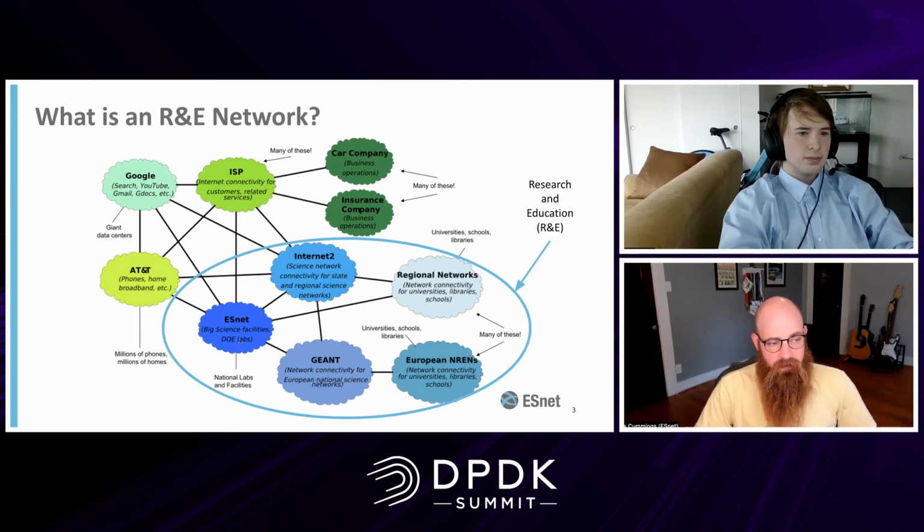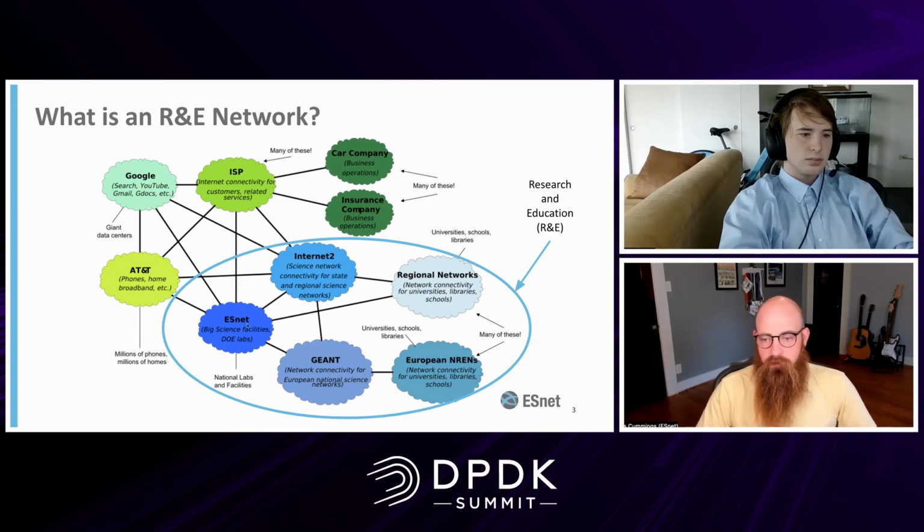There's some like ESnet, which connects the DOE big science facilities, Internet 2, which provides in the US science network connectivity for state networks, regional science networks, things of that sort. And then these regional networks over here are connecting libraries, universities in a geographical area. There's also European NRINs. There's a ton of those that are very similar to the ones talked about here in the US. Géant's another good example of this, very similar to Internet 2 and ESnet style research and education networks.